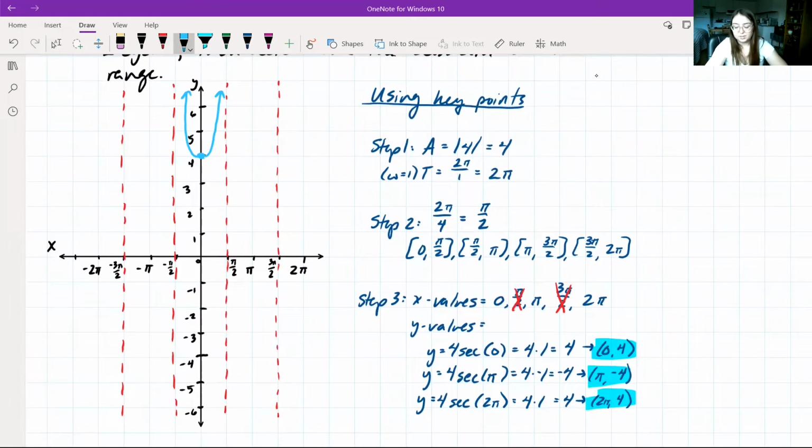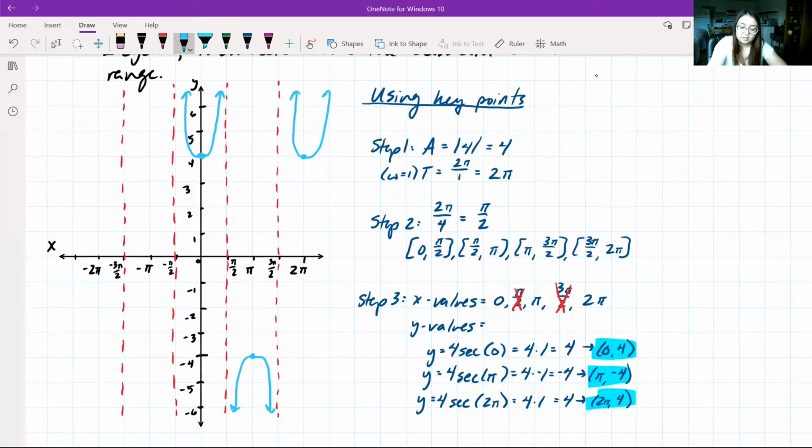Then our next key point is going to be (pi, -4). So negative 4 is going to be then the maximum value on our downward facing parabola. Then our next value is (2 pi, 4). Our plane kind of ends here, but we can go ahead and draw this side of our parabola.